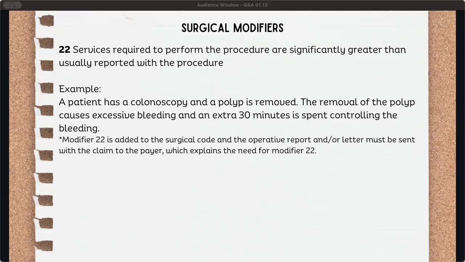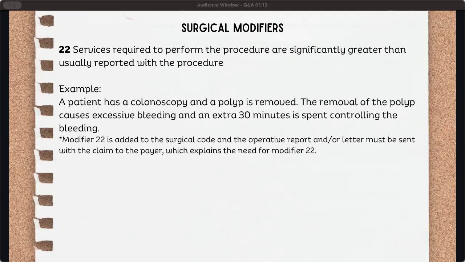And basically what they're going to look for is increased time, any increased technical difficulty, or severity of the patient's condition, basically anything saying that if we were to perform this procedure, technically and typically it should only take 25 minutes, but for whatever reason, the procedure took 45 minutes.